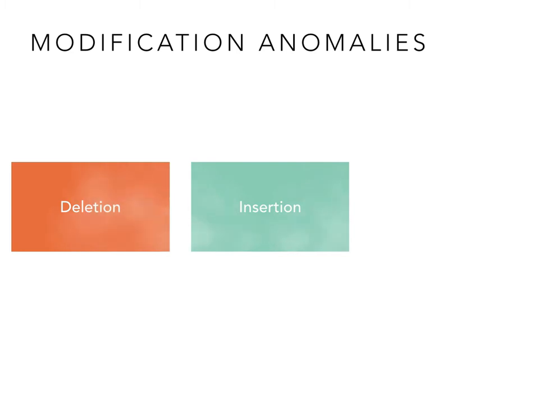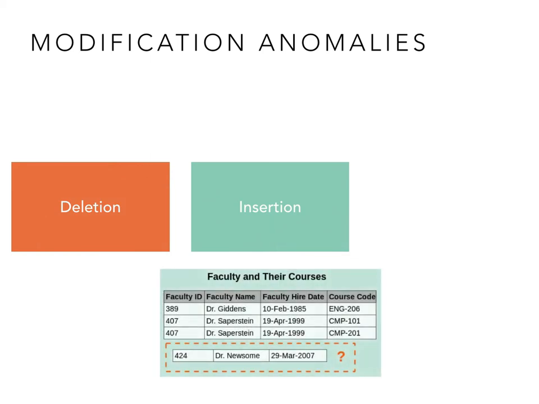Okay. On the other end, there are insertion anomalies, which are bad things that happen when you add a new row. This may often take the form of the structure of the table forces us to enter facts about two entities when we just want to enter facts about one.